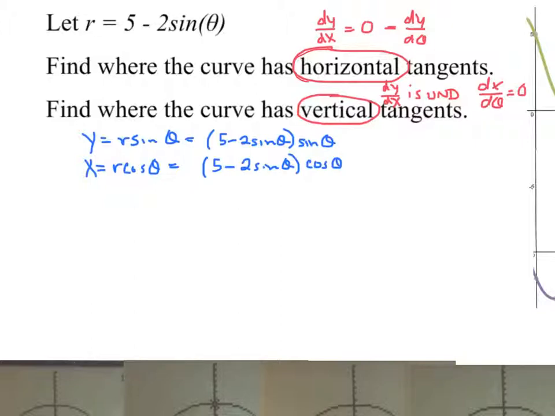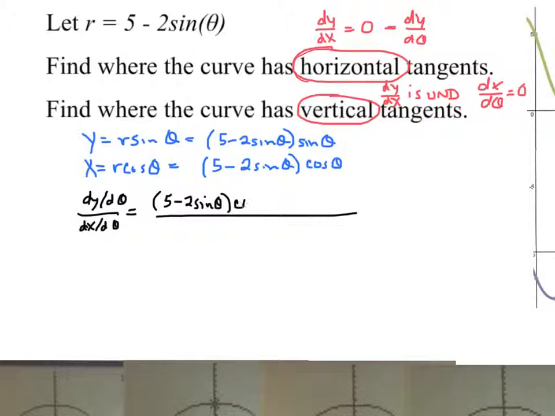So as we go to find the derivative, remember we're doing dy d theta divided by dx d theta. So we've got first times derivative of the second plus second times derivative of the first. Now remember, to be a horizontal tangent, all we're concerned about is making that numerator 0. But I'll find the denominator at the same time.